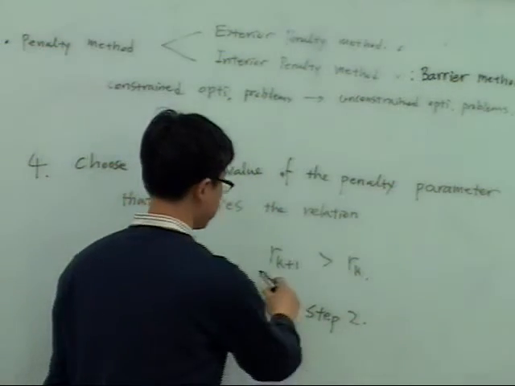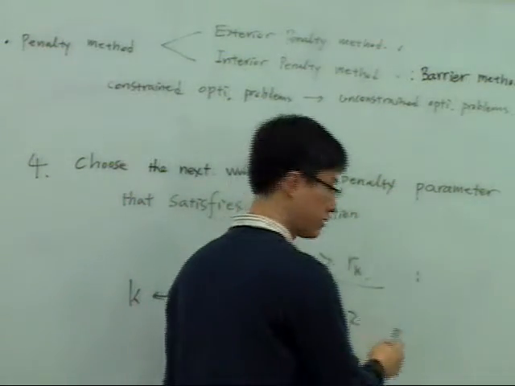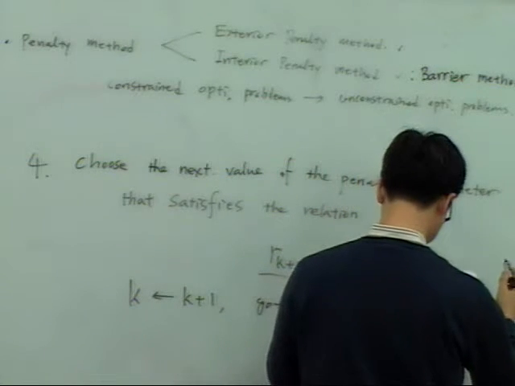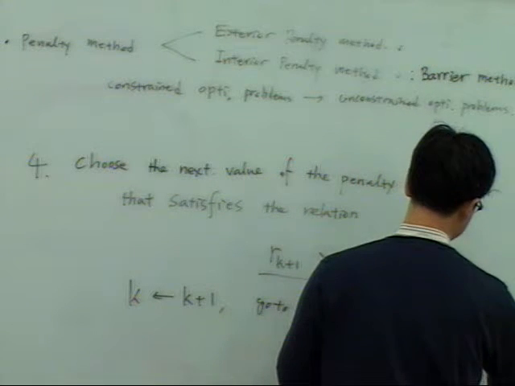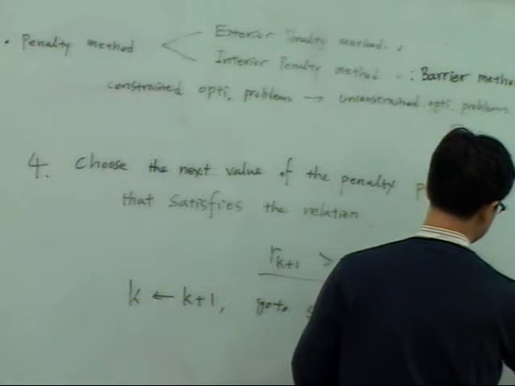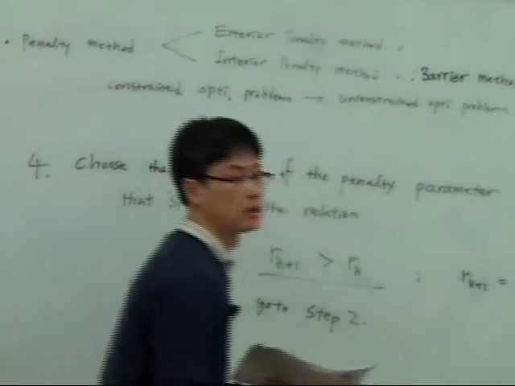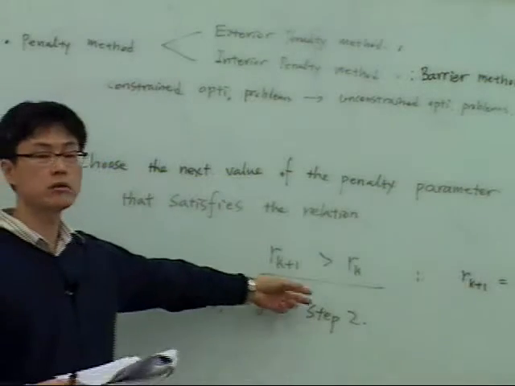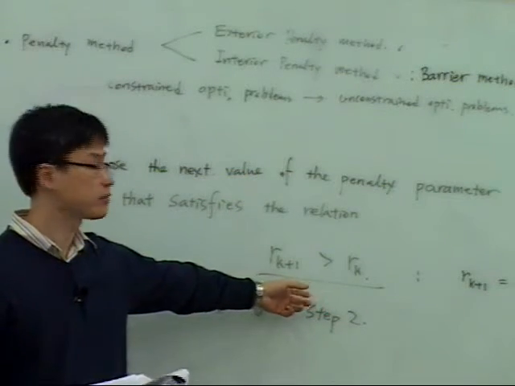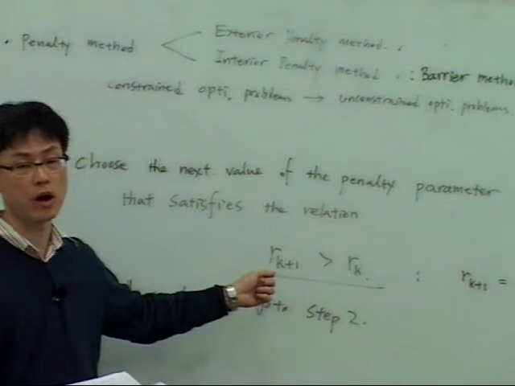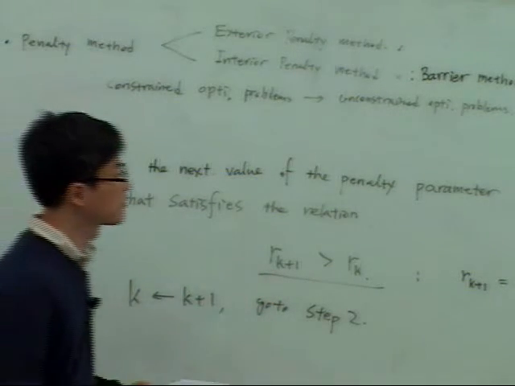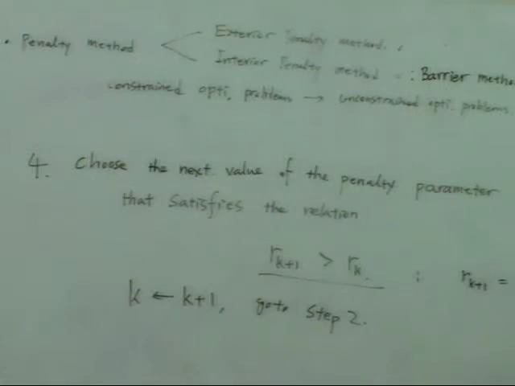And usually you take a similar approach, but you can utilize any other method to find a new r sub k plus 1. The thing is like that.